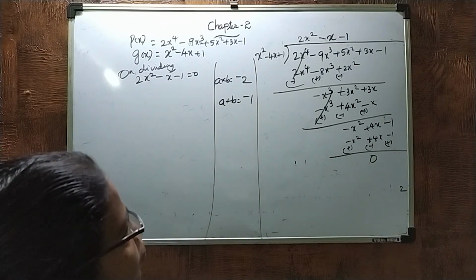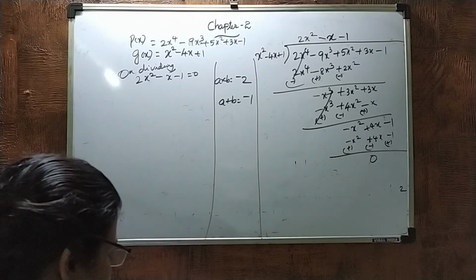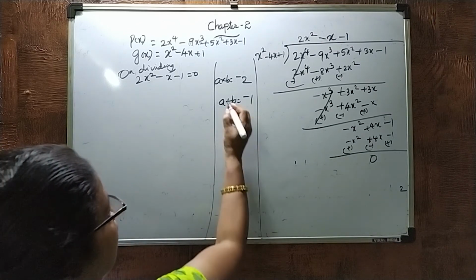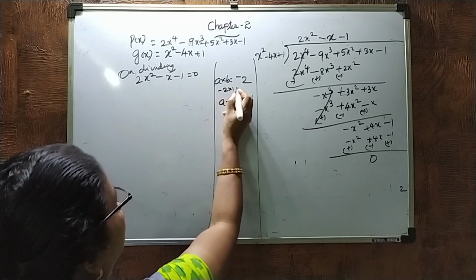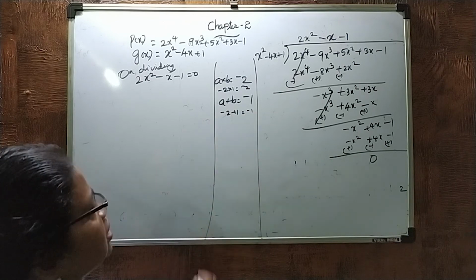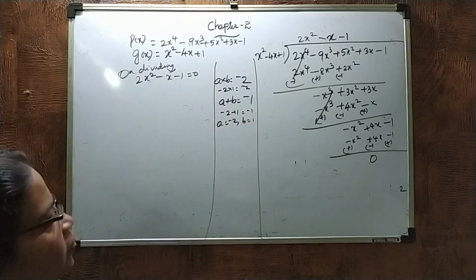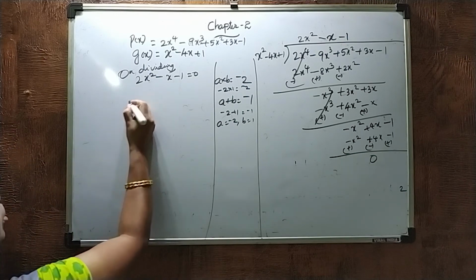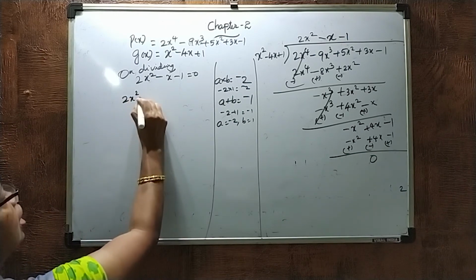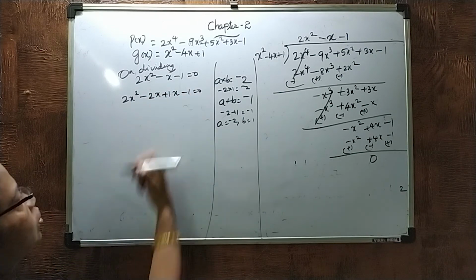So negative 2 when you multiply, you have to get the answer, and negative 1 you have to get the answer. Negative 2 into 1, you will get negative 2. Negative 2 plus 1, you will get negative 1. So a is equal to negative 2 and b is equal to 1. So apply here. It will be 2x square minus 2x plus 1x minus 1 equal to 0.